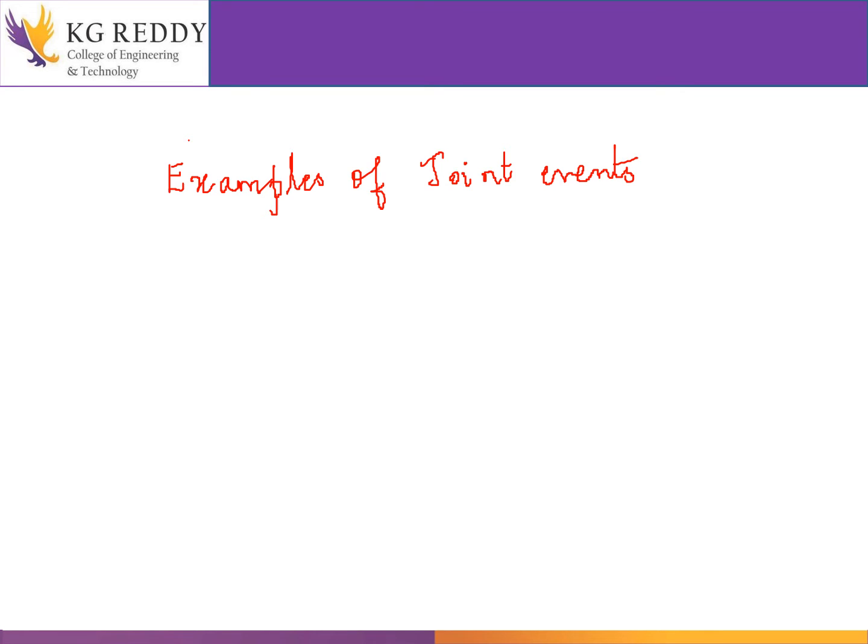Whenever joint events are there, only then will we go for the joint probability distribution functions. So think of examples where two events belong to the same sample space, but can be defined by different variables.